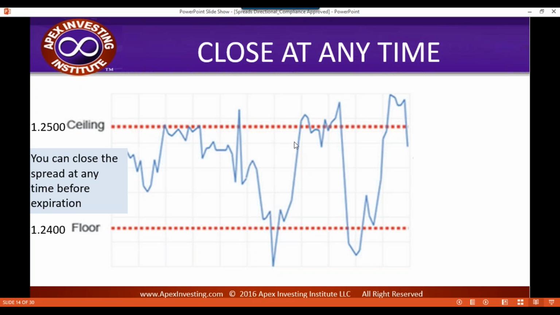But remember, just because the market hits a floor or hits a ceiling, it does not close out your trade. Even though you've reached max profit potential, it doesn't just close out your trade. You're still in the trade, unless you close it out.